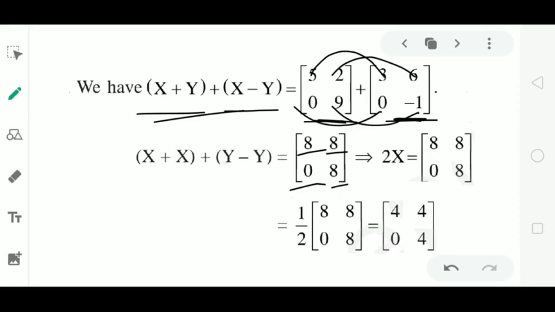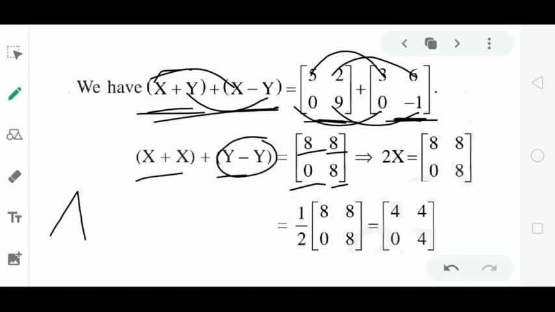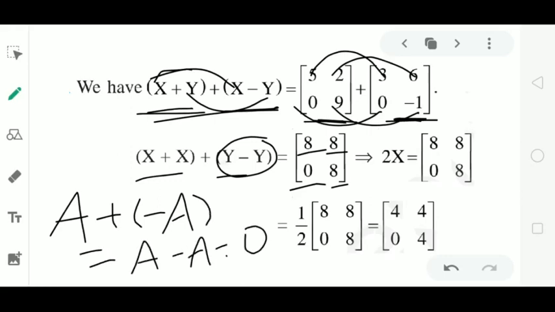Now look at the LHS: X plus Y plus X minus Y. As the addition of matrices is commutative, we can rewrite the terms as X plus Y minus Y. Y minus Y, we already know that A plus minus A is equal to A minus A is equal to 0 matrix, by the property of existence of inverse.